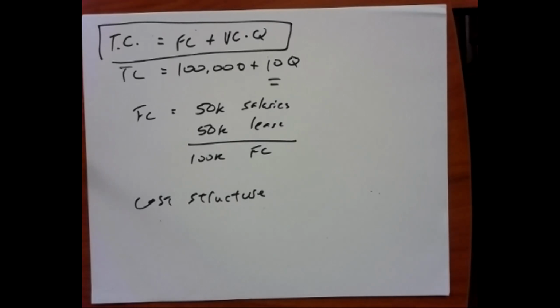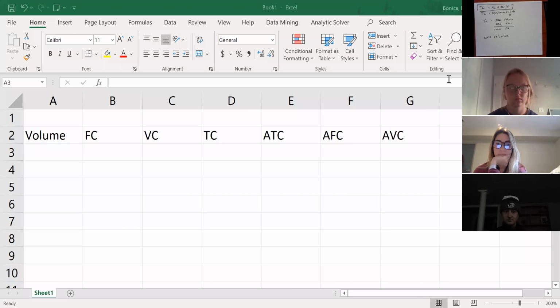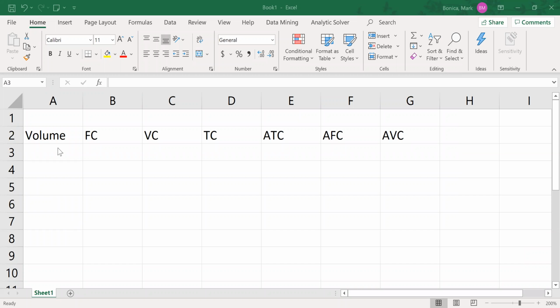Okay, so let me demo this using Excel, just because it's faster for me since we're on the computer anyway. So we're going to program in our cost structure.